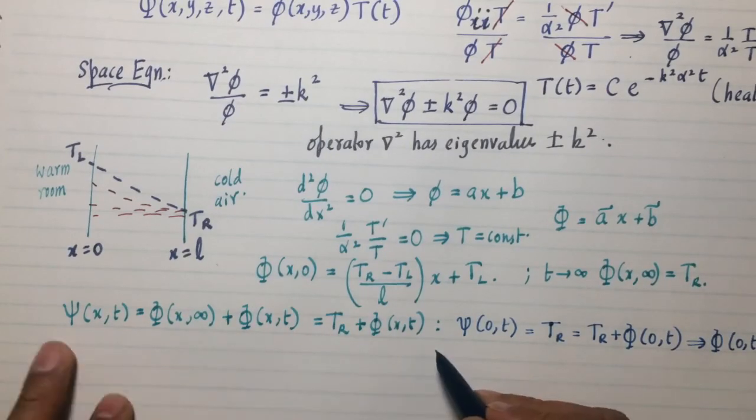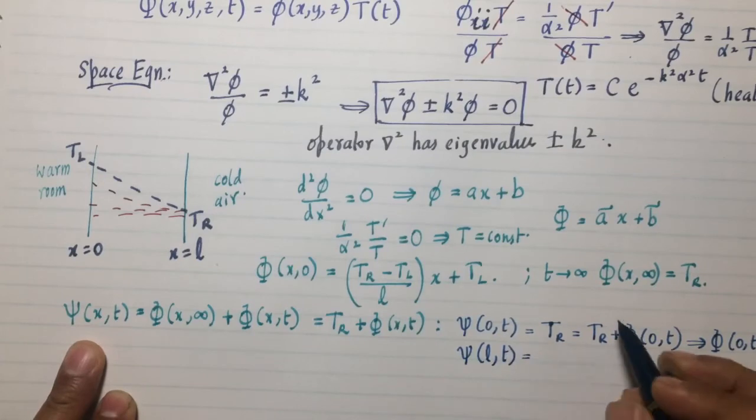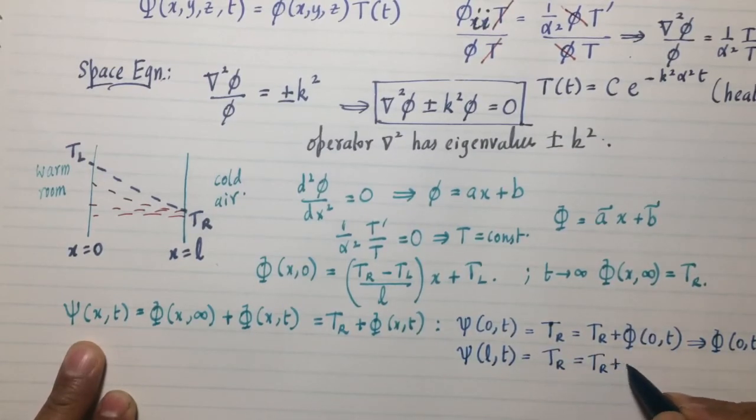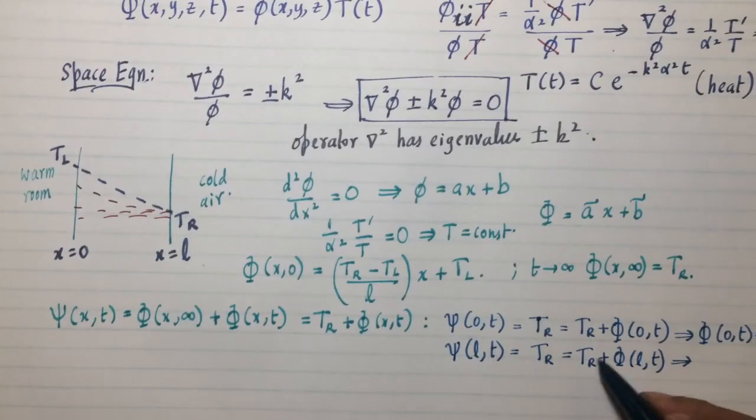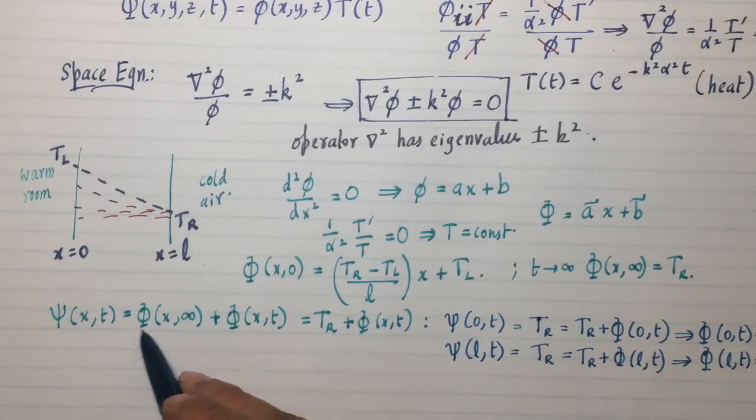And now, because we have invented this, let's see what happens at L. At L you also have TR, which is TR plus phi of L comma t, and if you cancel out the TRs on both sides, you'll find that phi of L comma t is also 0.